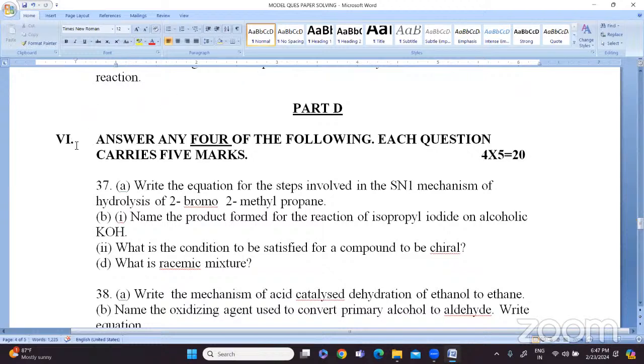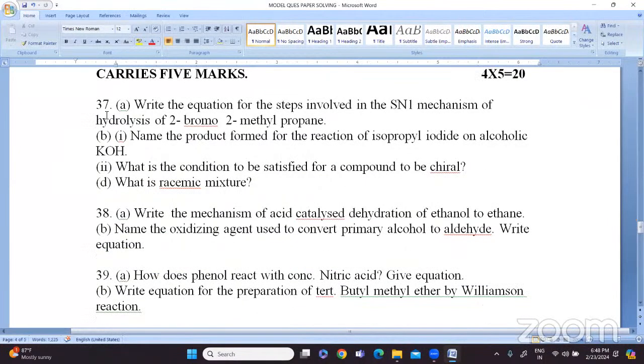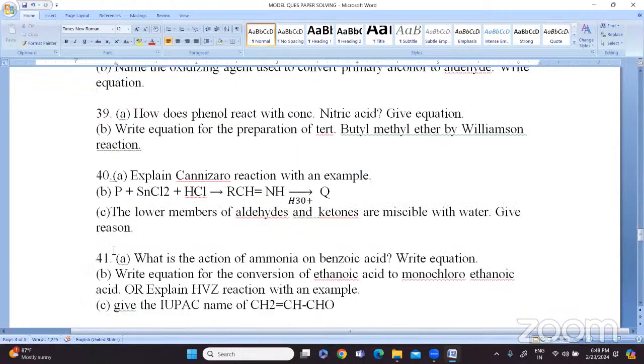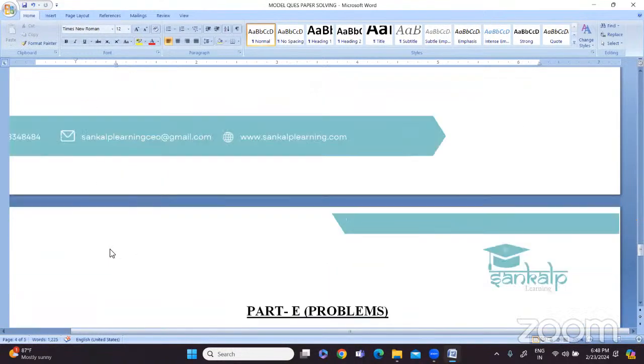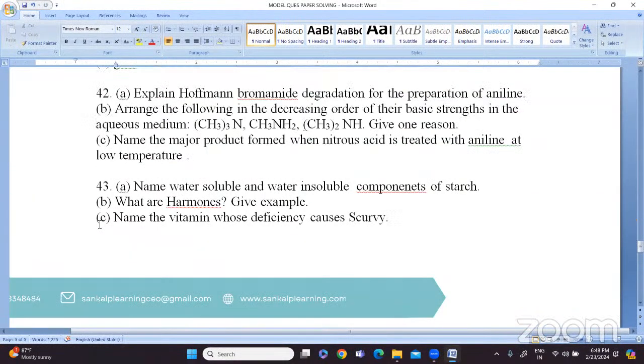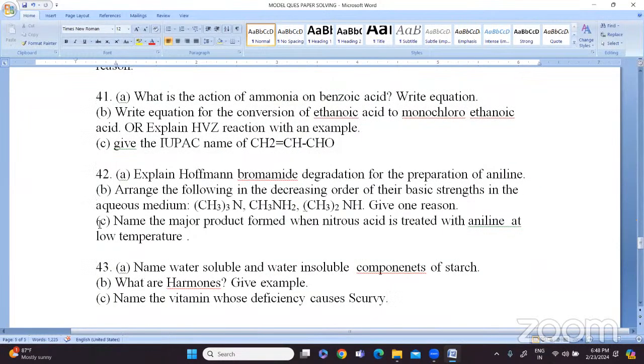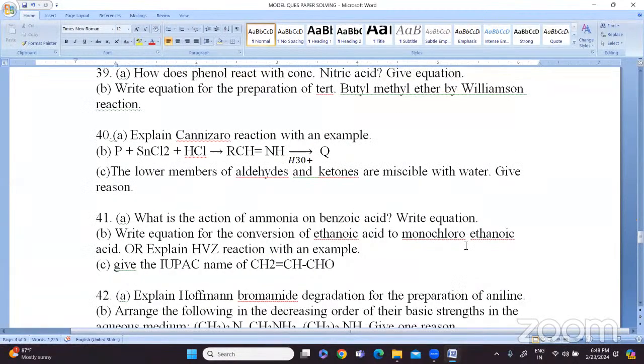Part D consists of 7 questions: 1, 2, 3, 4, 5, 6, and 7.